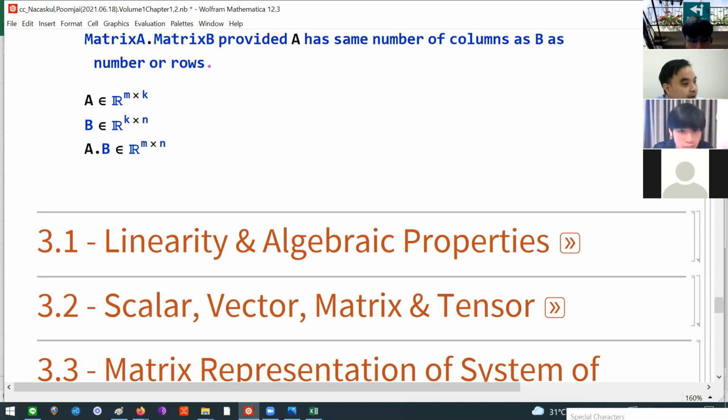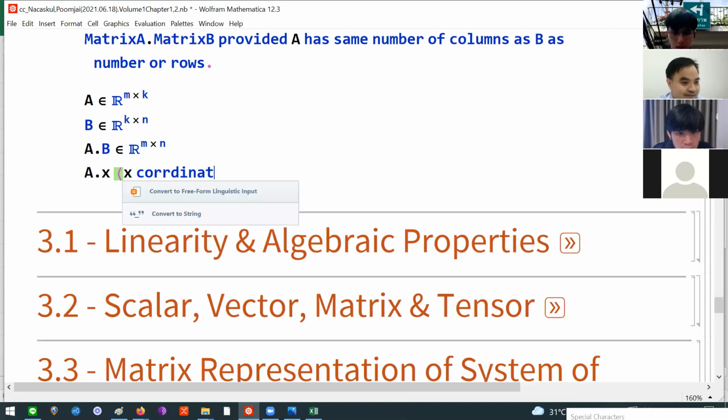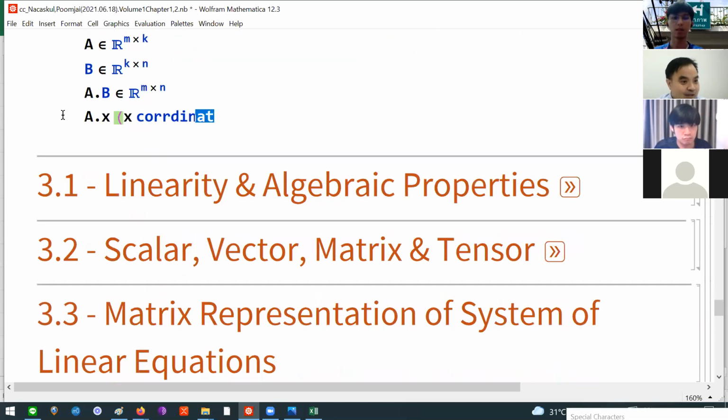Okay. Now, before I go a little bit further, let's go back to a dot x. This time, I'm going to say x is a coordinate. So watch this. We did this, right? We did ListPlot.